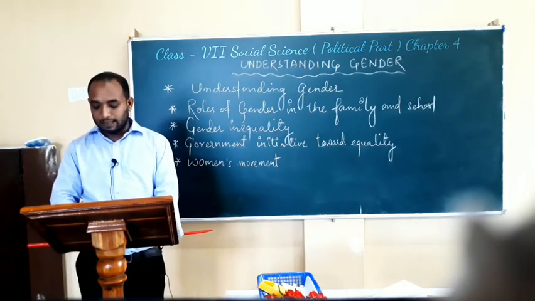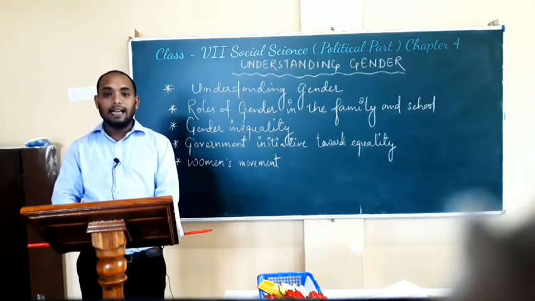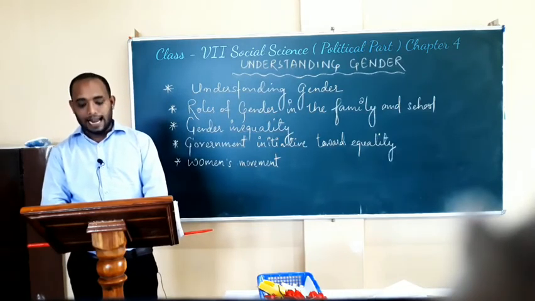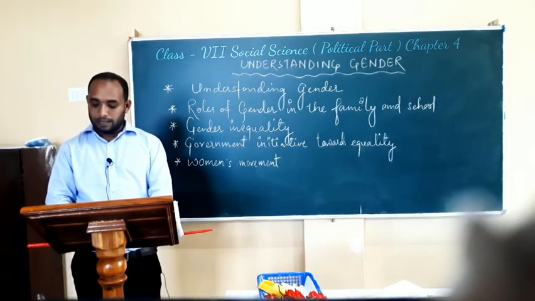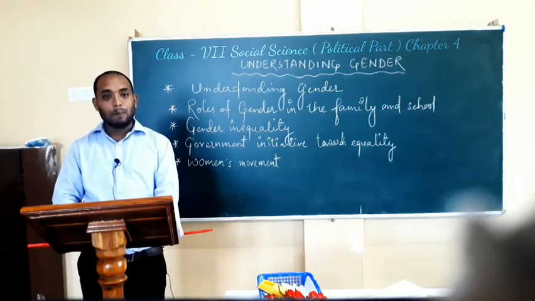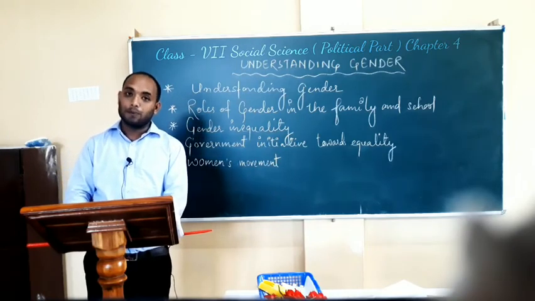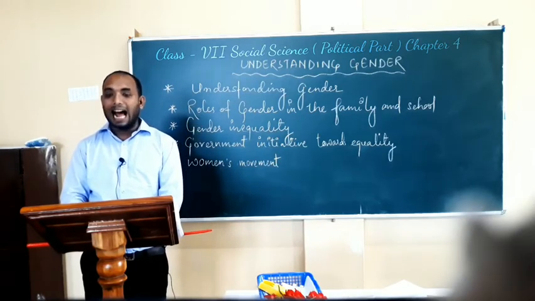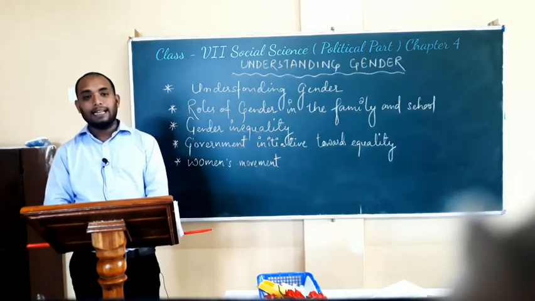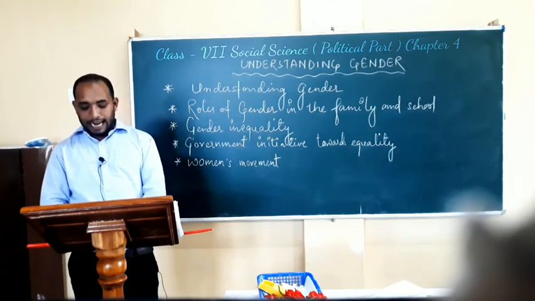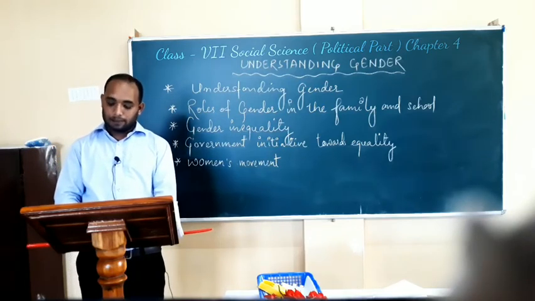Next, our topic is the women's movement. Women and girls have the right to study and go to school. There are other spheres, like legal reform, violence, and health, where the situation of women and girls has improved. The changes have not happened automatically. Women individually and collectively have struggled to bring about these changes.